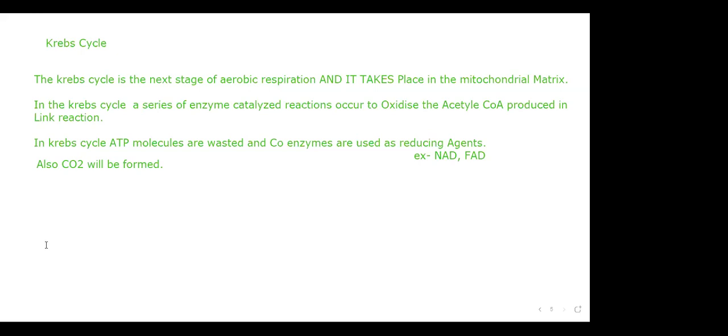So, however, as a summary, you remember one glucose molecule breaks into how many pyruvates? 2 pyruvates, right? One glucose molecule breaks into 2 pyruvates. So each of these pyruvates converts into what? Acetyl coenzyme A, the link reaction.